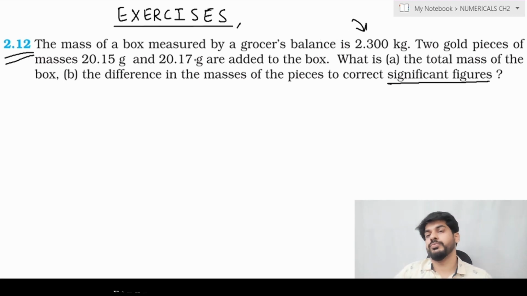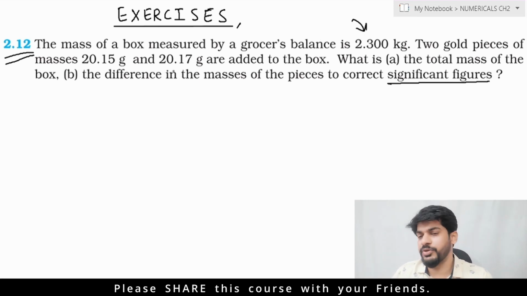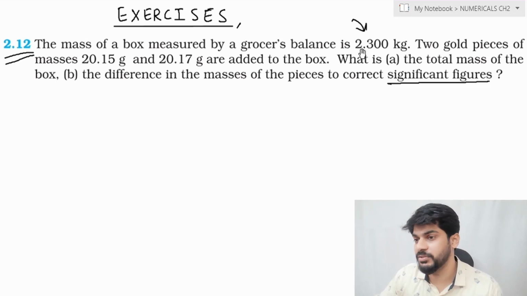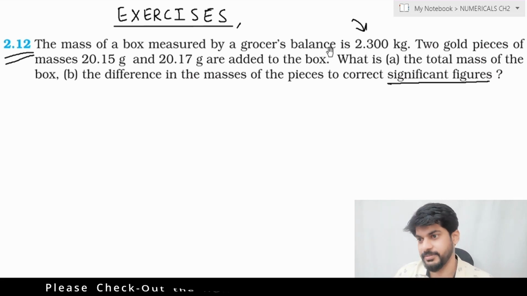Now let's look at the question. The mass of a box measured by a grocer's balance is 2.300 kg. The mass of the box is this much, and it is measured by a grocer's balance.